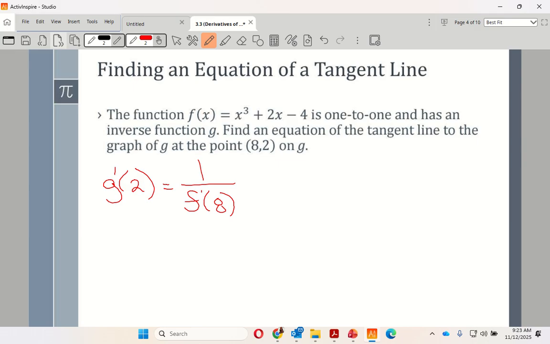This wording is getting me. I think this is the one that's actually backwards, because this is already on g. There it is. This one's on g. So for this one right here, my initial point is going to be 2, comma, 8.